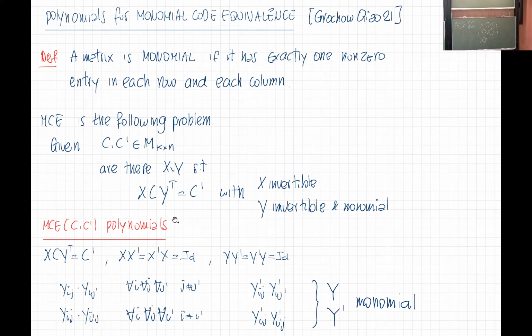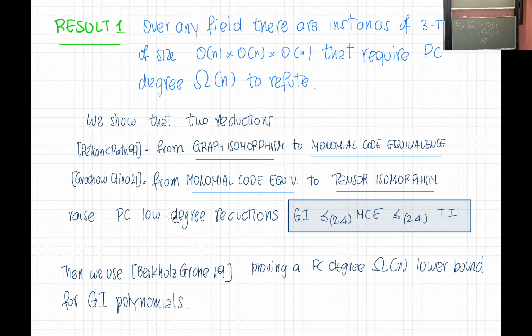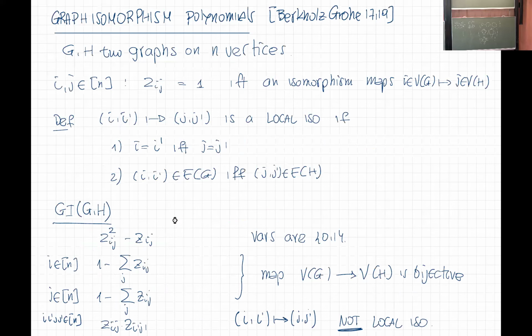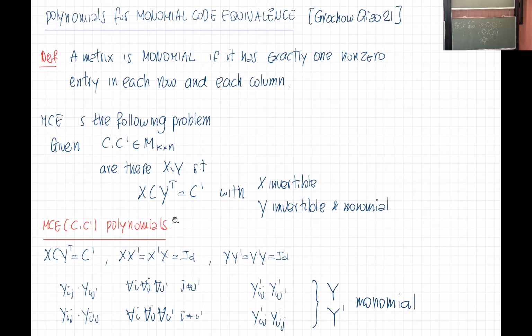I wanted to explain here a bit the polynomial formulation of this other problem, monomial code equivalence. But let me just tell you the main thing we are using here: a matrix is monomial if it has exactly one non-zero entry in each column and one non-zero entry in each row.